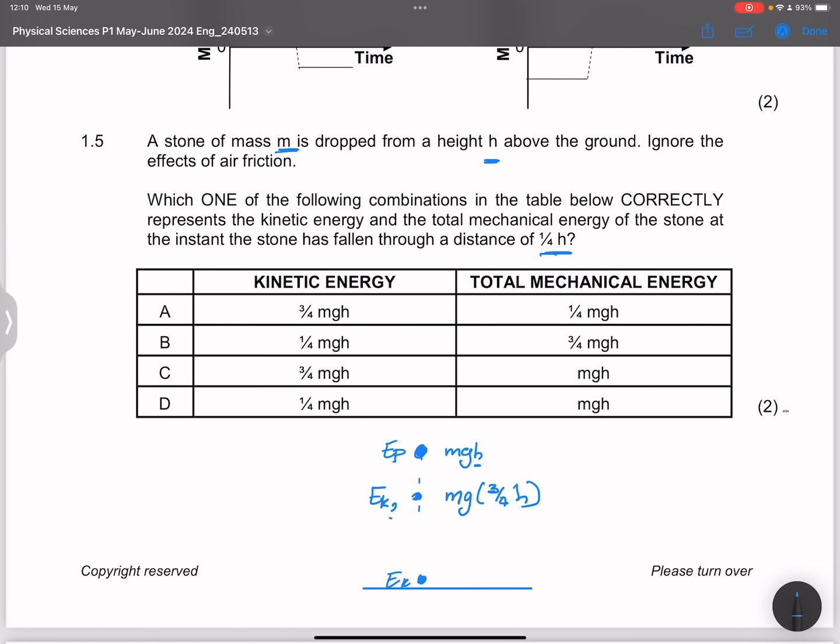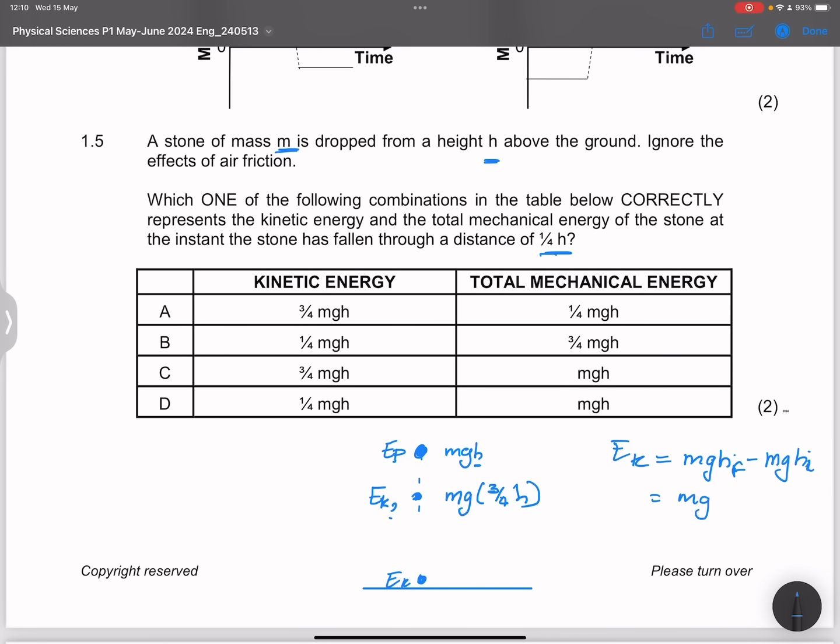So EK at this point would be equal to the potential energy initial minus the potential energy final.